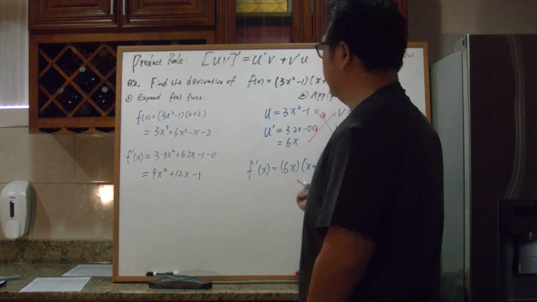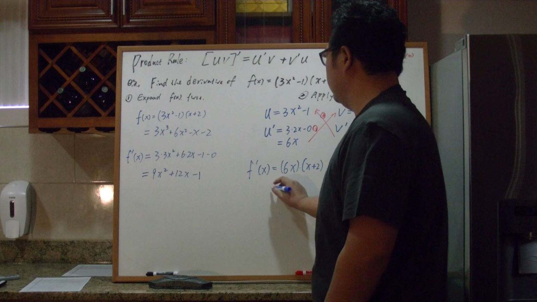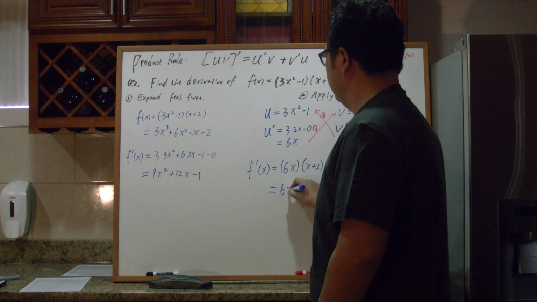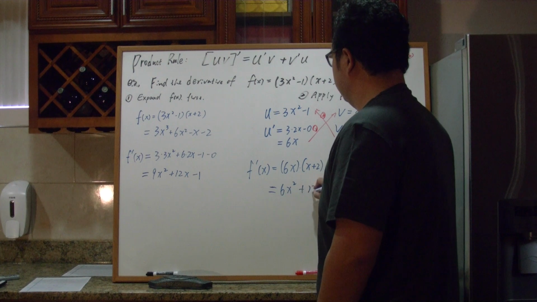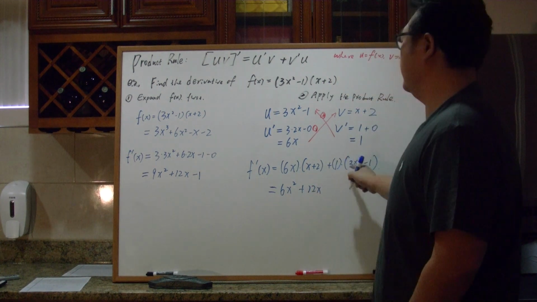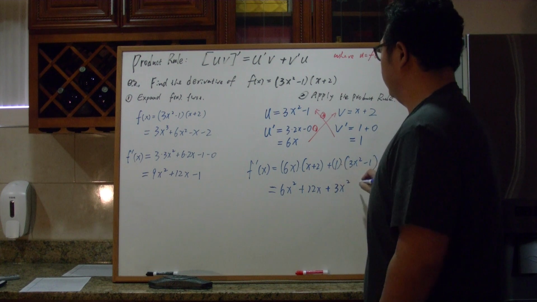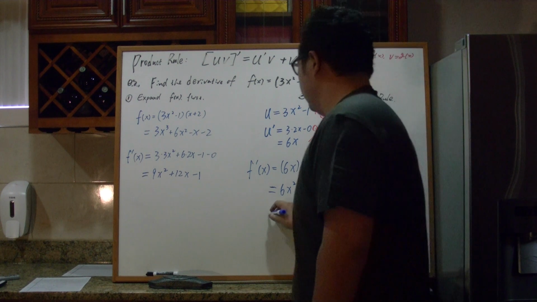Then after that we expand it, and we get 6x squared plus 12x, plus 1 times 3x squared, plus 1 times negative 1.